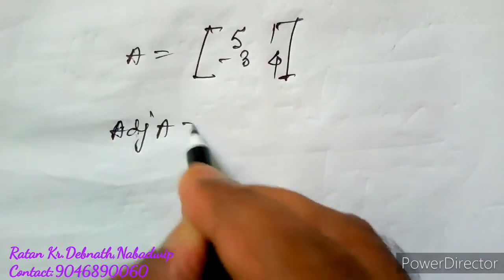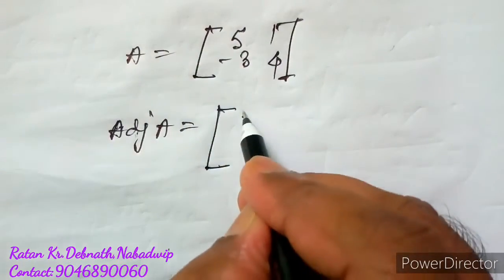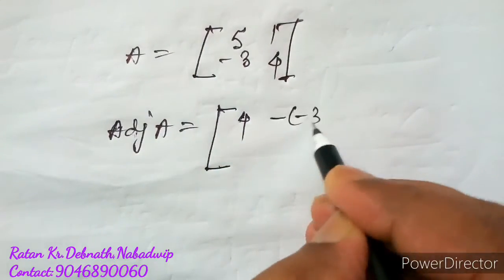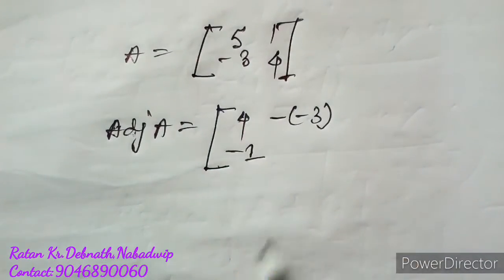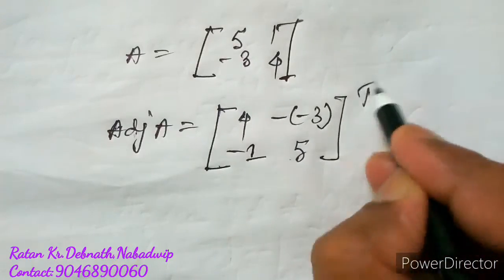Adjoint A equal to cofactor of 5 is 4, cofactor of 1 is -3, cofactor of -3 is 1, cofactor of 4 is 5, transpose.